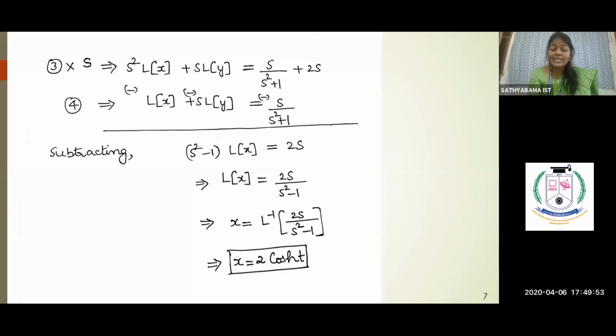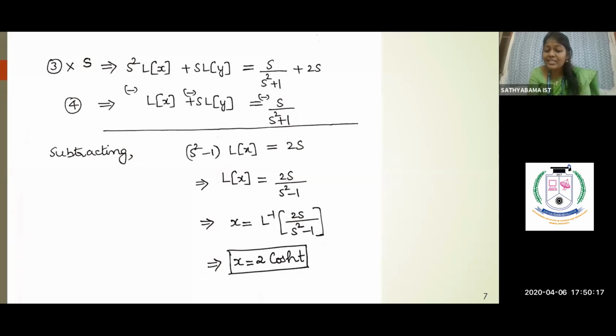Now people, what's our aim? Our objective is to find x and y. Now I have L of x, so how will I find x from there? I'll have to use inverse Laplace transform. So if L of x is 2s by s square minus 1, what is x? It is L inverse of 2s by s square minus 1. Now 2 is just a constant, you can take it outside.